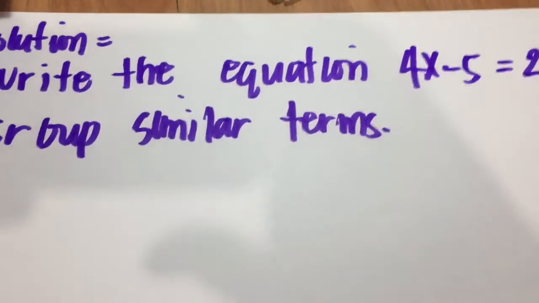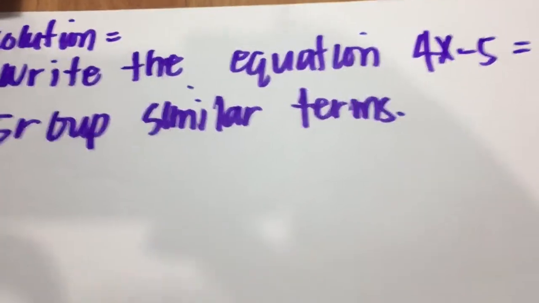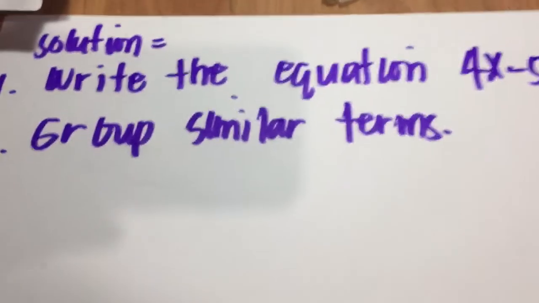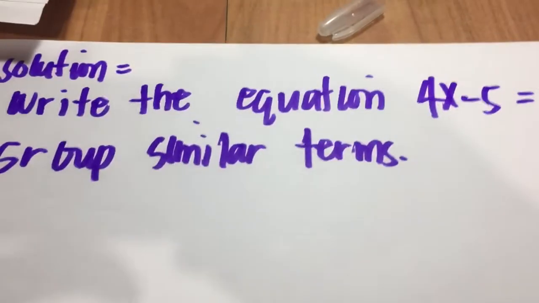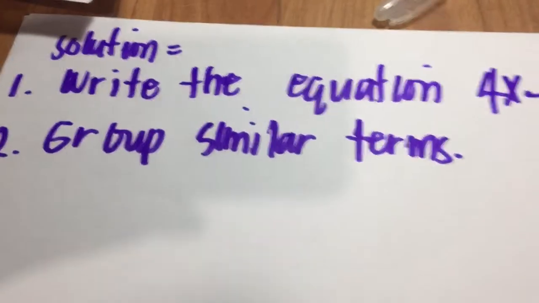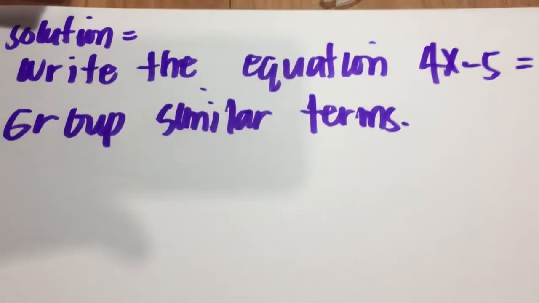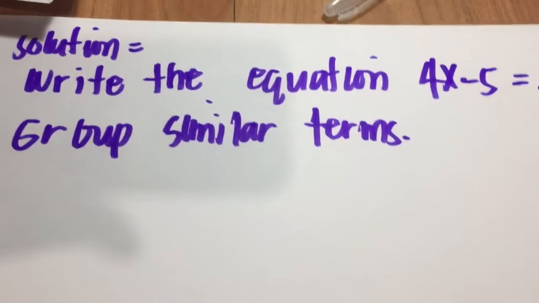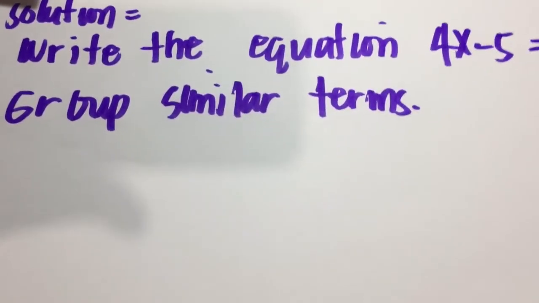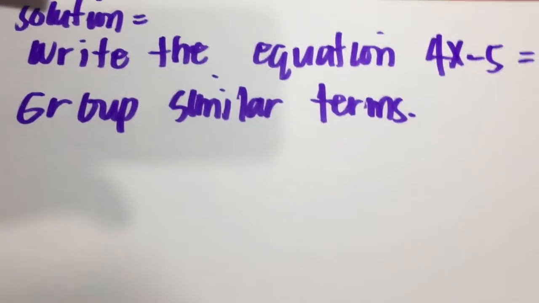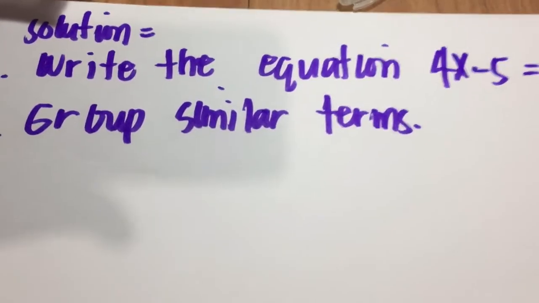In grouping similar terms, you're going to group all the constants, which means all the fixed values, which are represented by numbers or whole numbers or fractions, and you're going to group all the variables. Those are the letters in the alphabet.